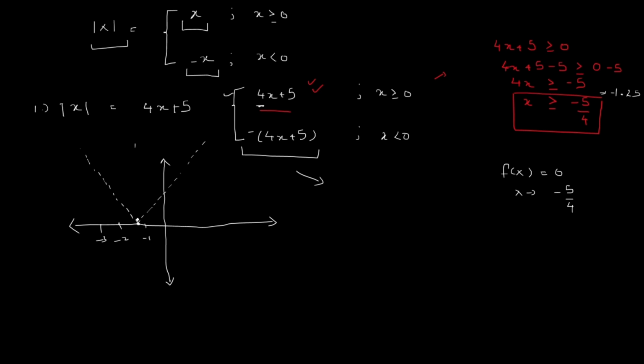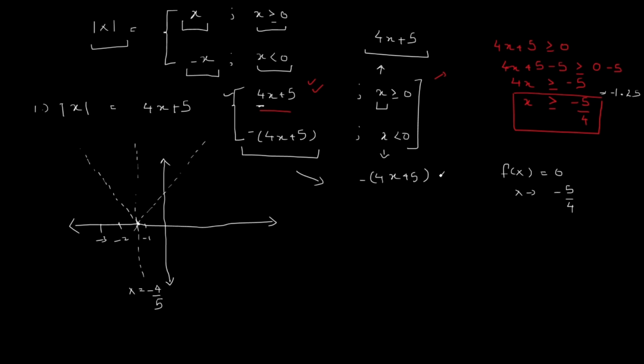It will be a mirror around this point, x equals minus 5 by 4. And please keep one thing in mind. Here this is 4x plus 5. I'm just referring to it like this so it's easier for you guys, but in actual the condition here is 4x plus 5 greater than or equal to 0, and similarly here it is minus 4x plus 5 with 4x plus 5 less than 0.